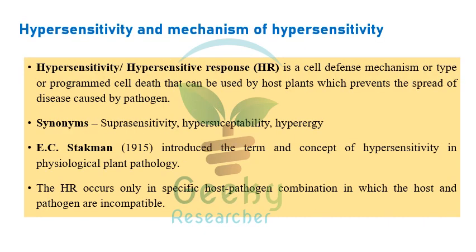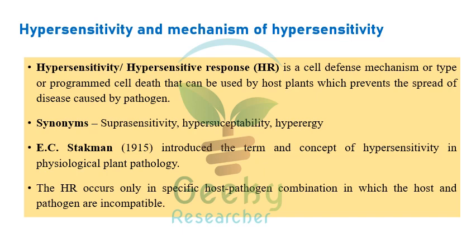Coming to hypersensitivity and its mechanism, it is a cell defense mechanism or programmed cell death where the cells near the pathogen infection die or sacrifice themselves to prevent the further spread of the pathogen. Synonyms or alternate names include suprasensitivity, hypersusceptibility or hyperallergy.